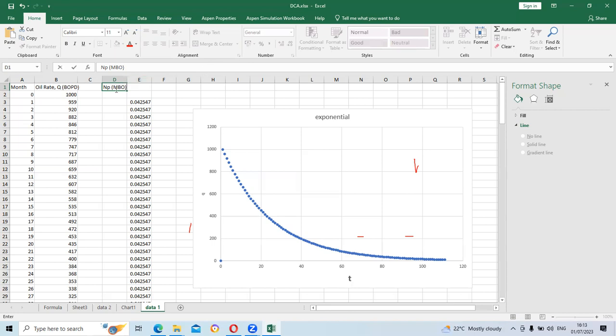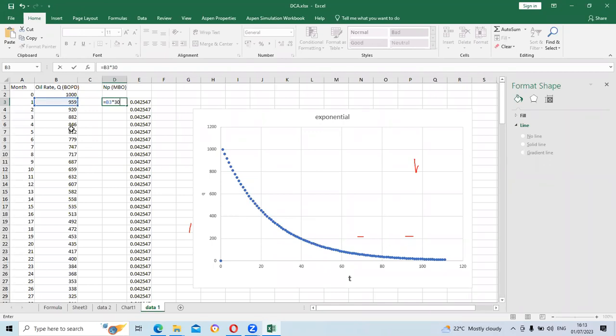So the easiest way for you to get the production is to take the flow rate times the number of days that we have. Of course, we have each month here, and we are going to assume that each month is 30 days. So our cumulative production in this case is going to be equal to, I take this, times the number of days, which is 30 days.